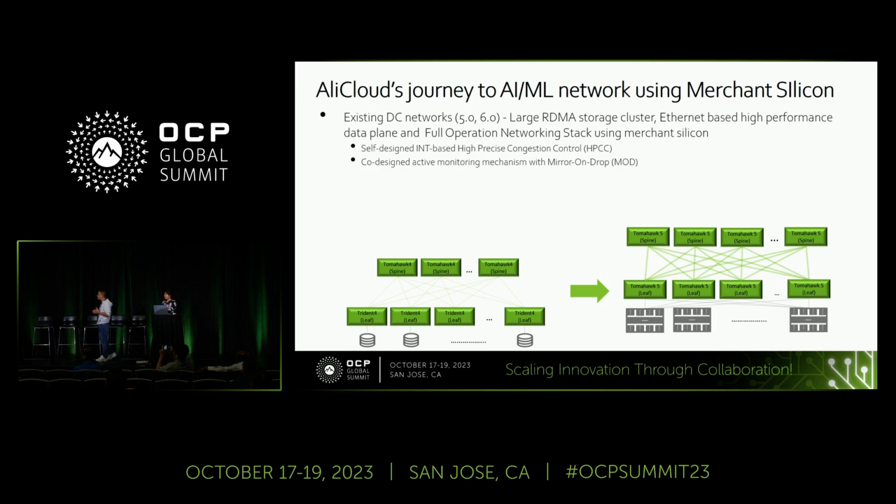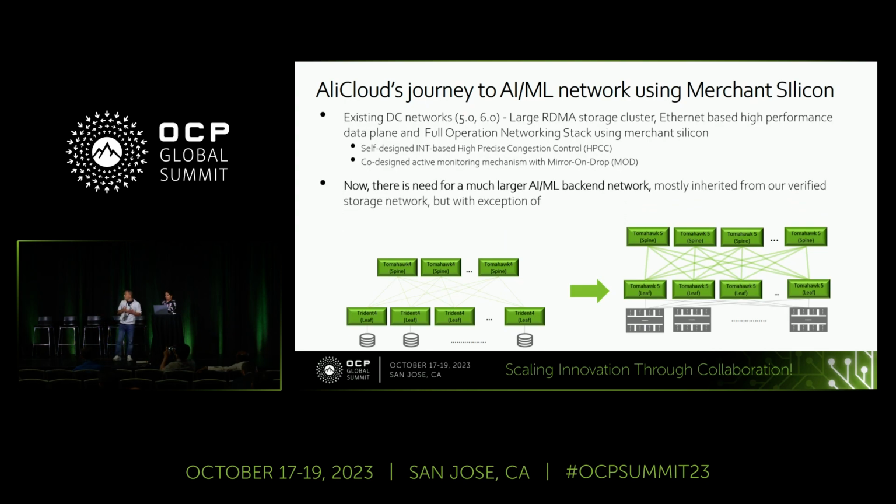In addition to high performance, stability is also crucial for a production network, right? With Broadcom, we co-designed the mirror on drop and mirror on latency to detect network failures and take action as soon as possible in our production network.